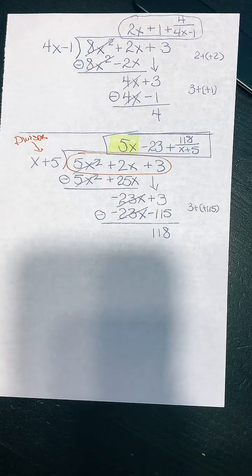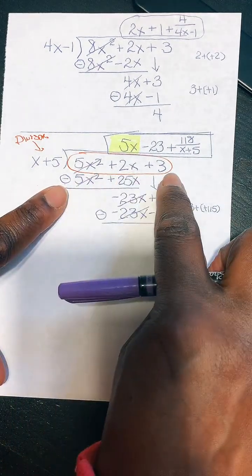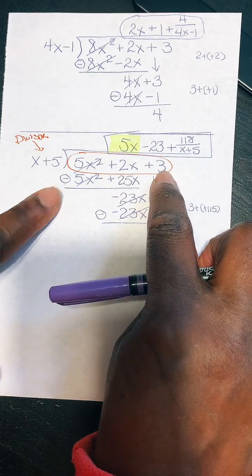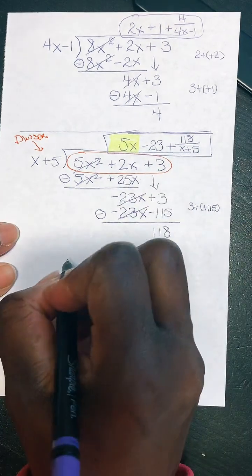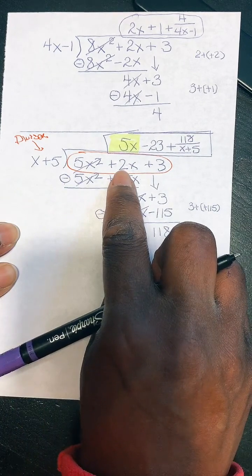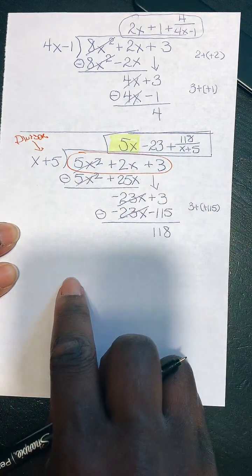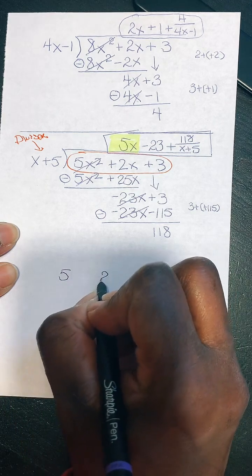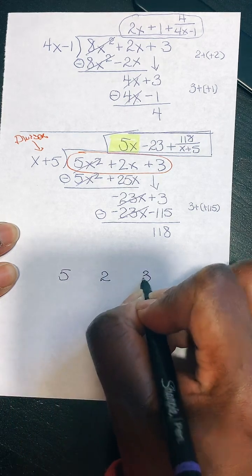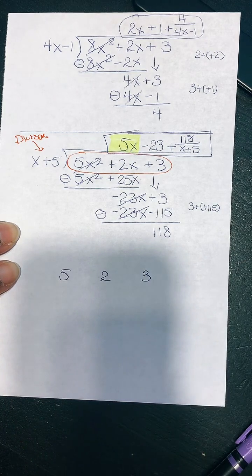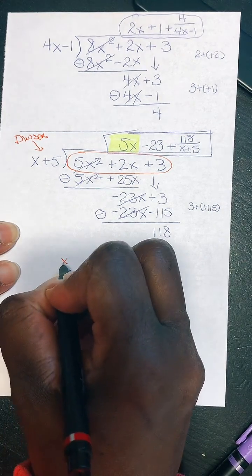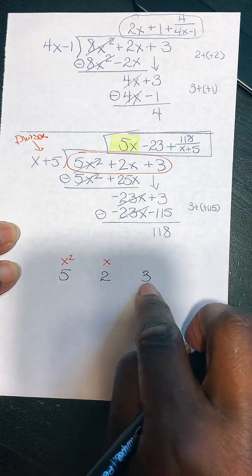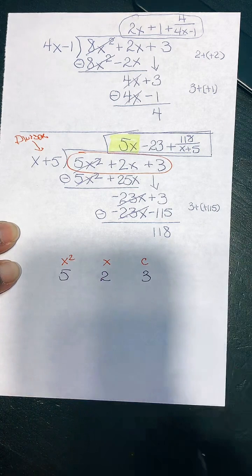So what you're doing with the dividend, you have x to the second power, you have your x, you have your constant. We're going to just write the coefficients and the constants down. So we have our 5, we have a 2, and we have a 3. Okay? The 5 is representing the x squares. The 2 is representing the x, and the 3 is representing the constant.